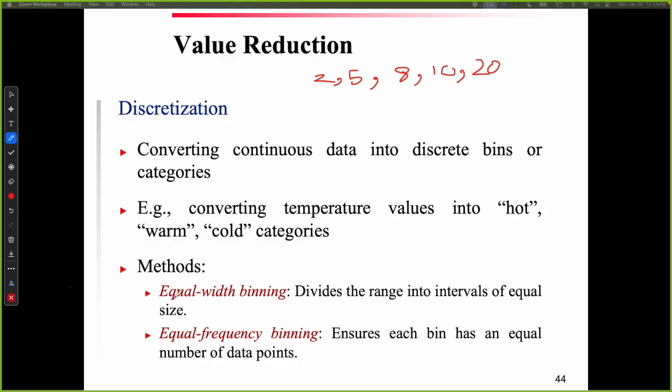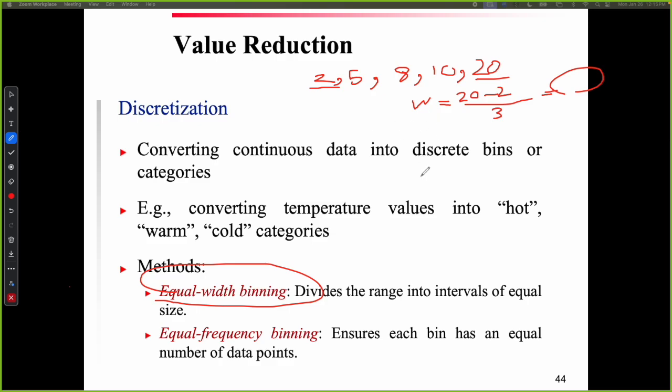With equal width binning, you were finding the max and the min, so the width was max minus min, divided by the number of intervals. For example, if you wanted to create 3 bins, you divided by 3, which gave you the width of each bin.